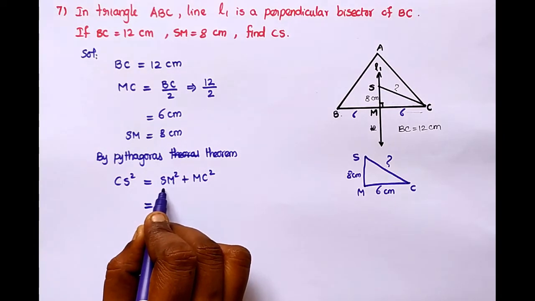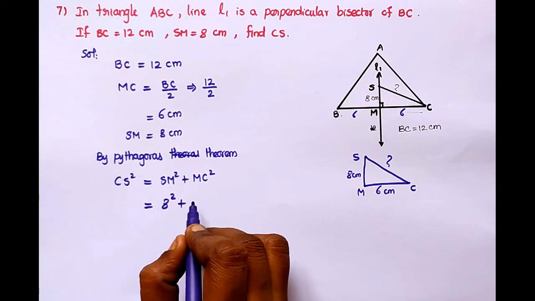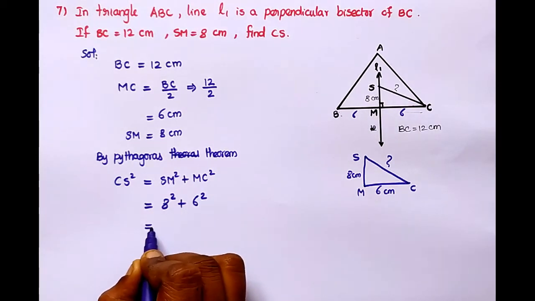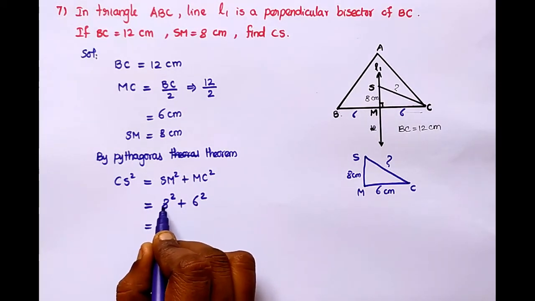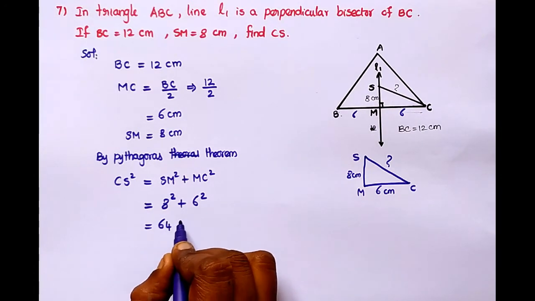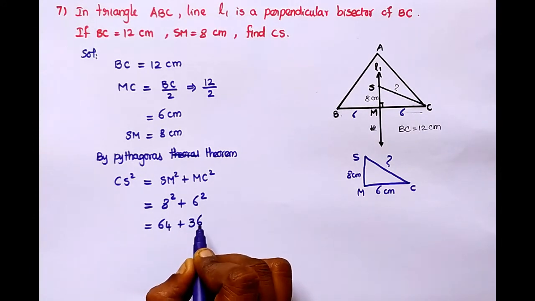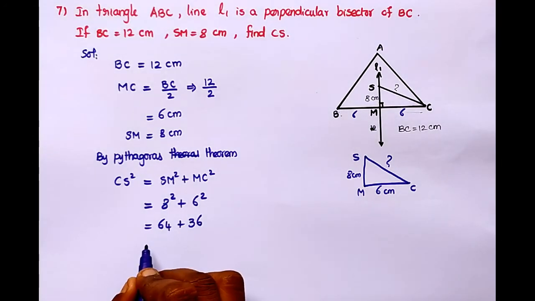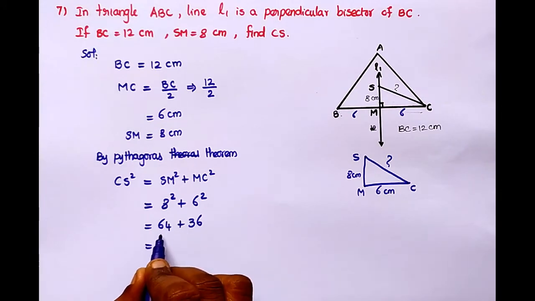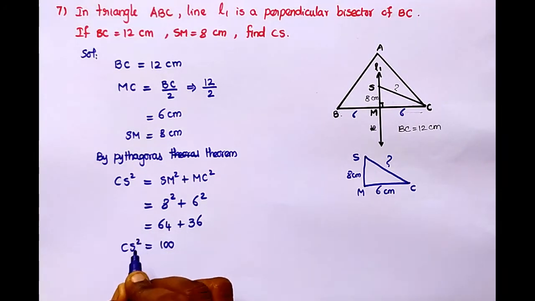Listen, SM squared is 8 squared plus 6 squared. How much? 64. 8 squared means 8 into 8, 64, plus 6 squared, that is 6 into 6, 36. Add this, we get how much? 100. That is CS squared.